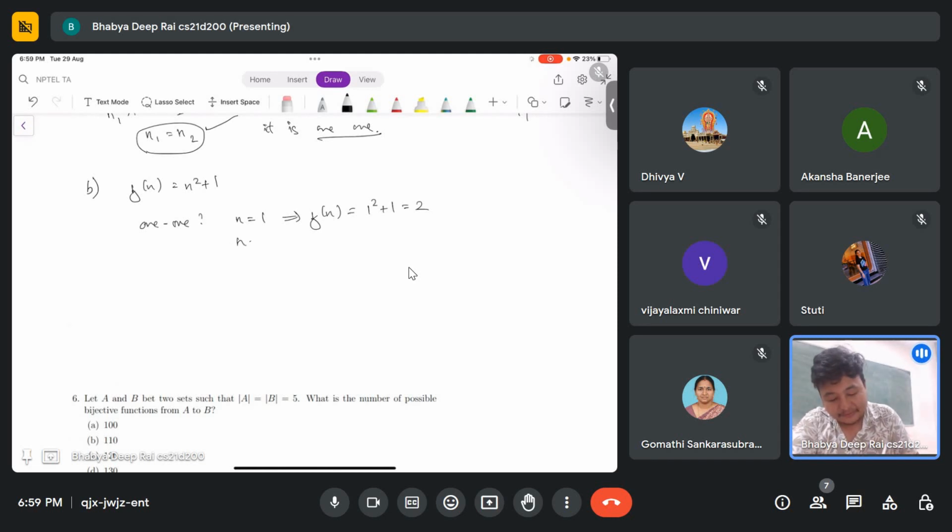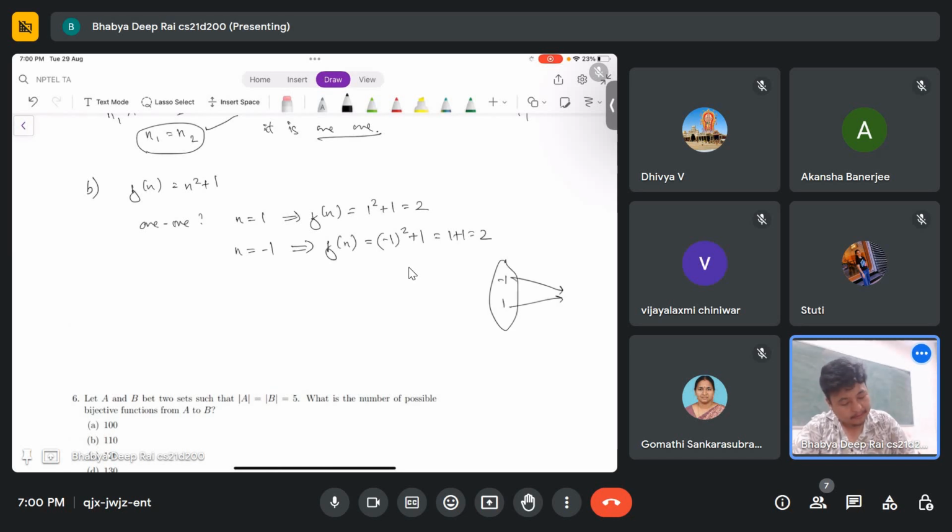Now let's say n equals minus 1, then f of n equals minus 1 square plus 1, which is equal to 1 plus 1, which is equal to 2. So thus we have a case like this, where two different elements map to the same element. So it's clearly not 1 1.